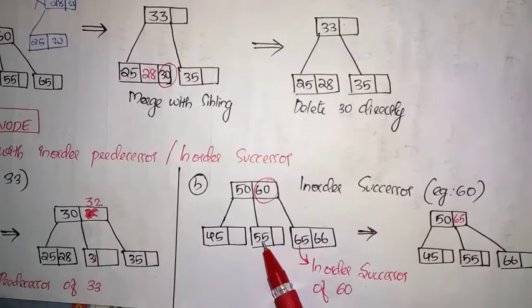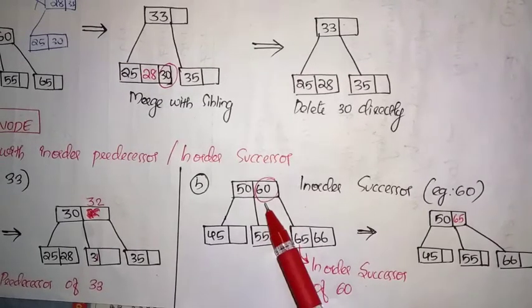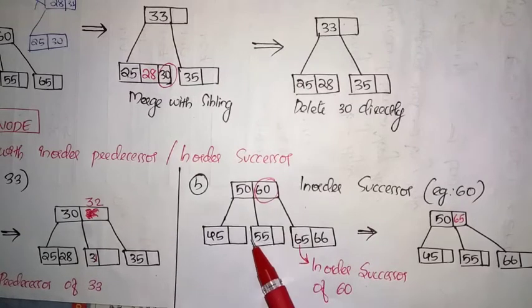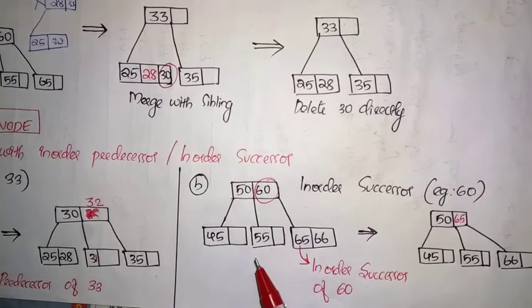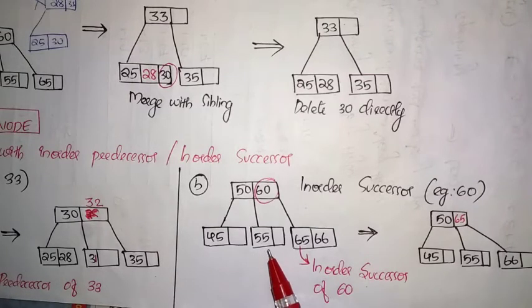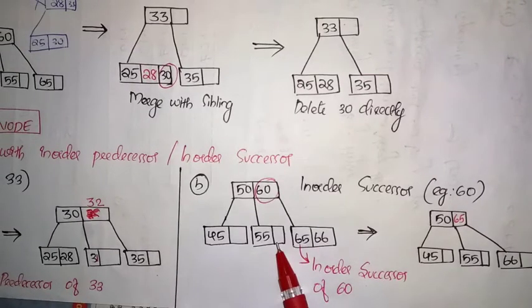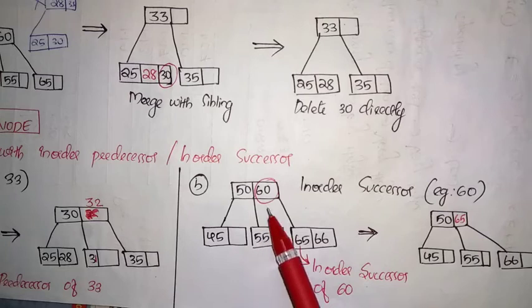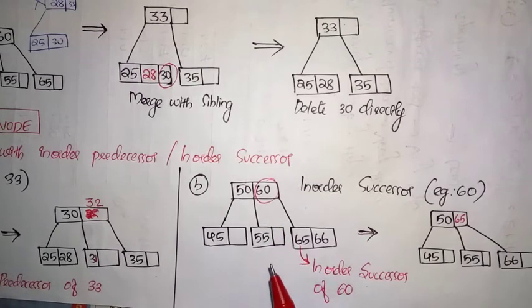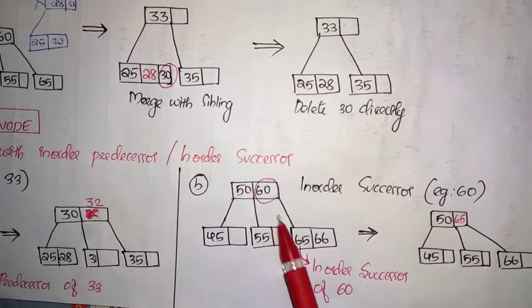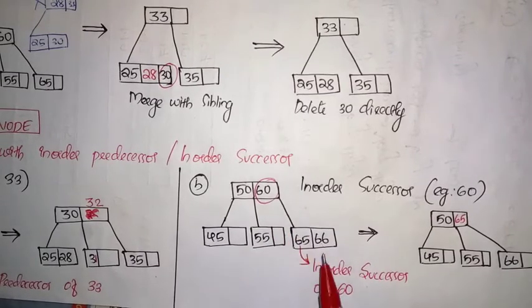But can I replace this 60 with 55? No. Why? Because if I took this 55 from this specific node, this node will not satisfy the minimum key condition, right? So here I cannot choose this in-order predecessor. So in such a scenario, I can go for in-order successor. In-order successor is the smallest element in the right child.